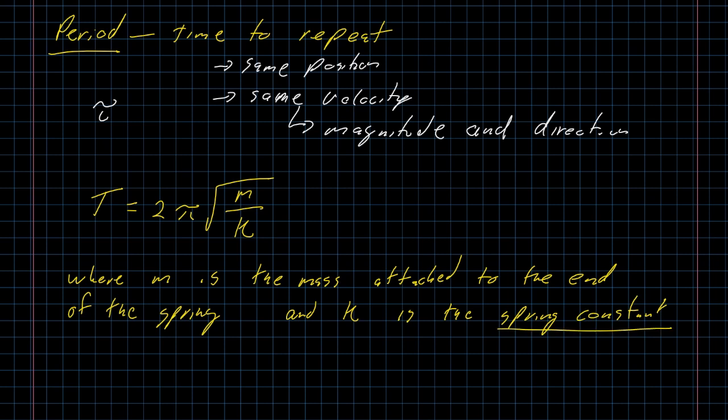All right, so spring constant is a property of material. The type of material that the spring is made of will affect the spring constant.